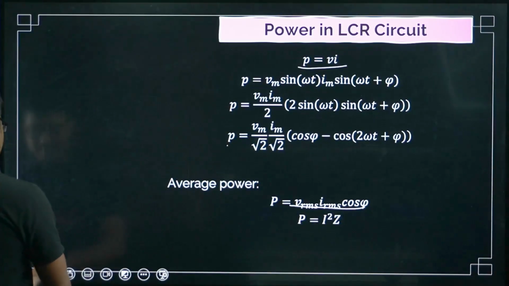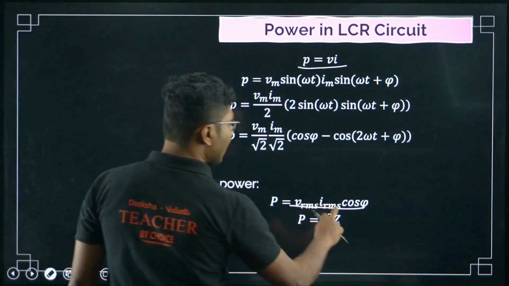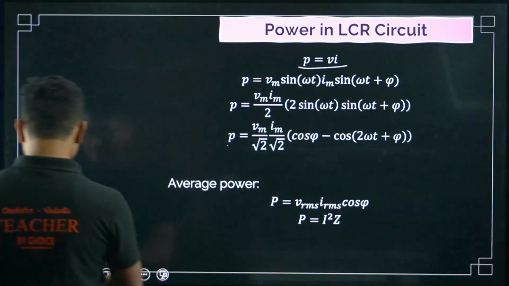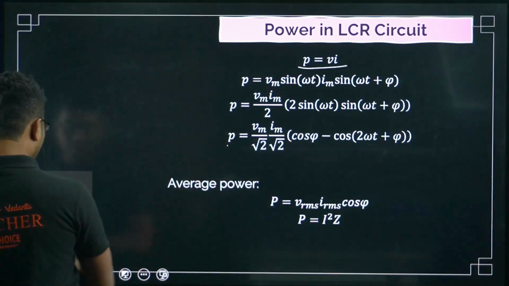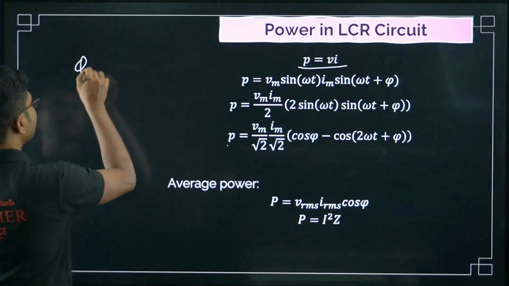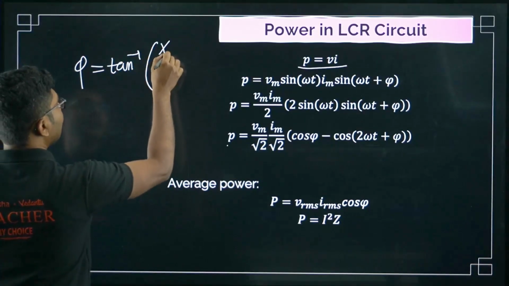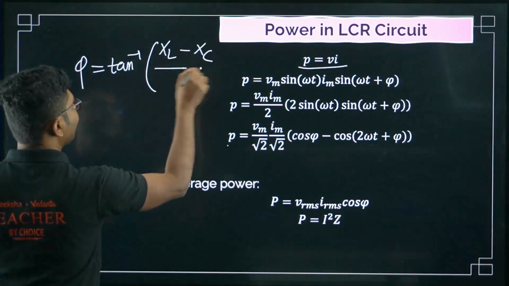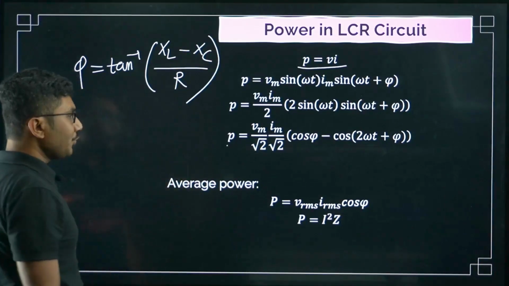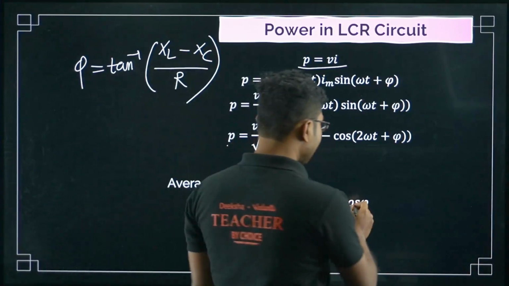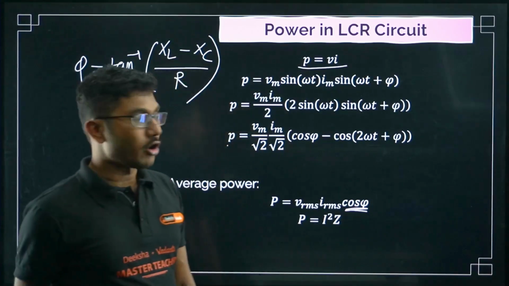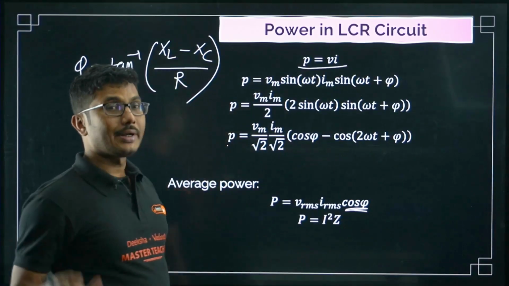So there is a term called cos phi. What is that phi? Phi is the same phase difference that you have calculated, that is phi equals tan inverse of XL minus XC divided by R. This term cos phi is called the power factor.